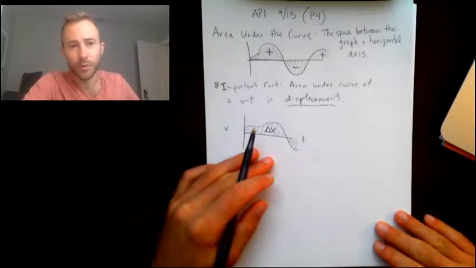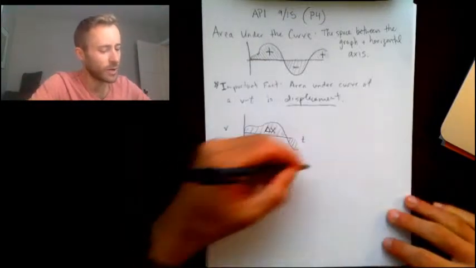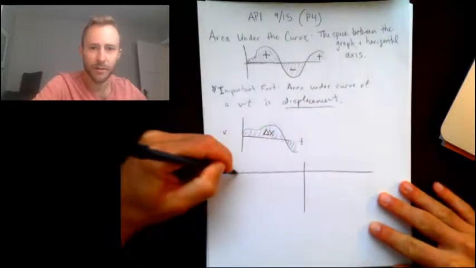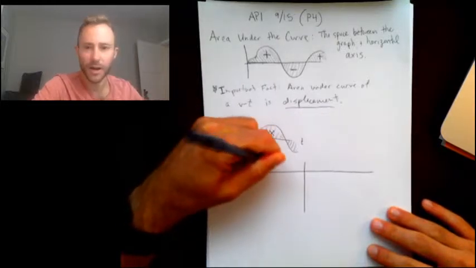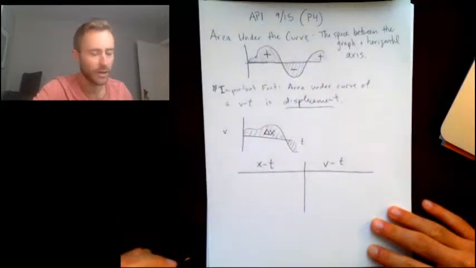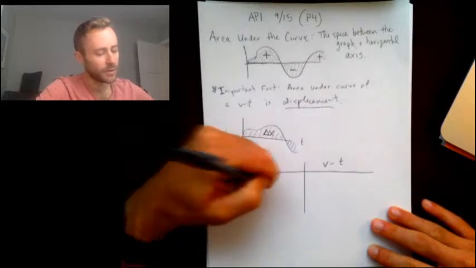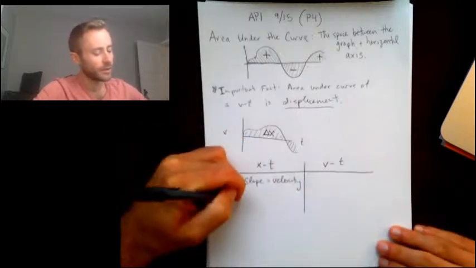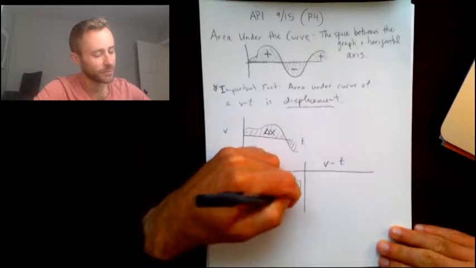All right. So we have basically 4 important facts about motion graphs. I'm going to write those down now. Depending on which graph you have, we talked about position time graphs and velocity time graphs. If you have a position time graph, slope is equal to velocity, and bendiness is acceleration.